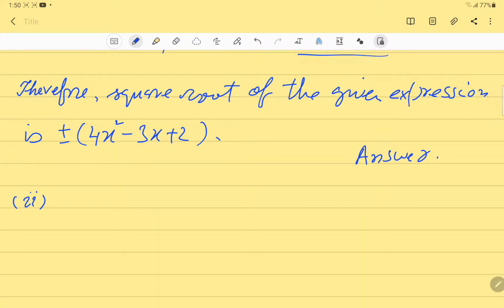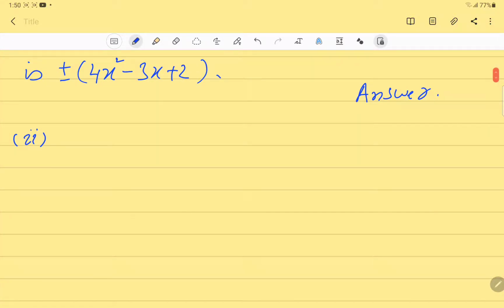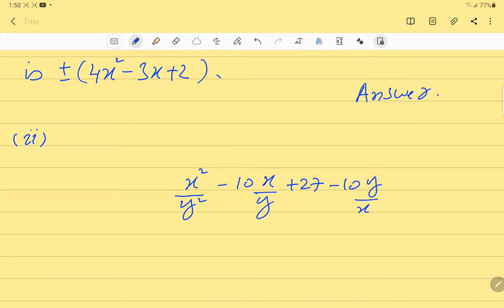Wait, let us write it straight away at the place where we have to do it. x squared over y squared minus 10x over y plus 27 minus 10 into y over x plus y squared over x squared.